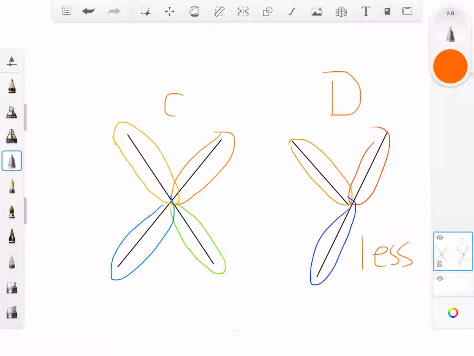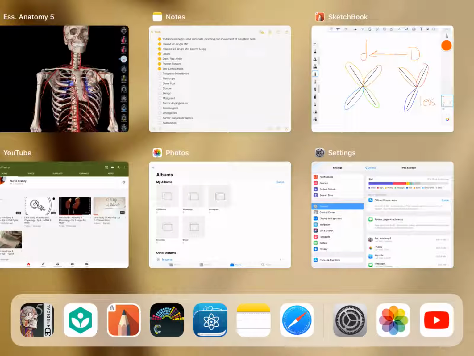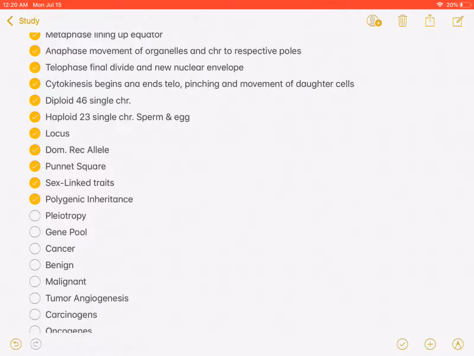If the mother has a recessive, it can't fight it at all. So that's pretty much how you can visualize that. Now let's continue with polygenic inheritance and pleiotropy.